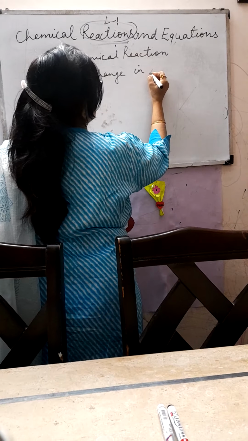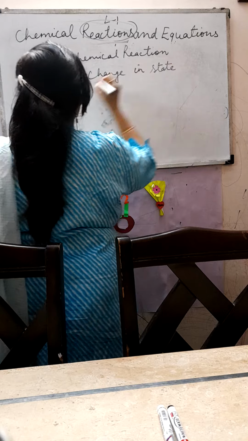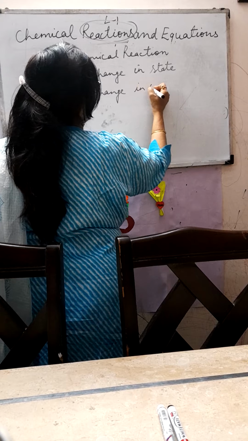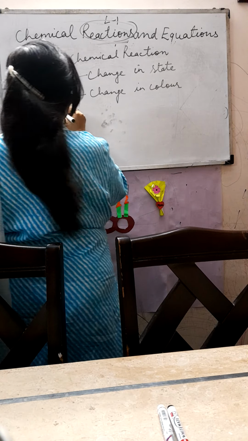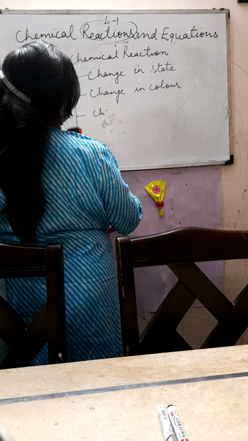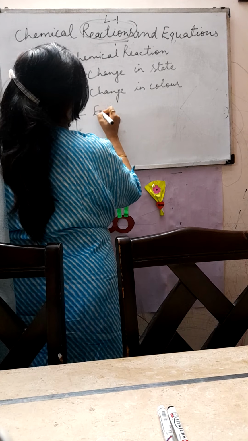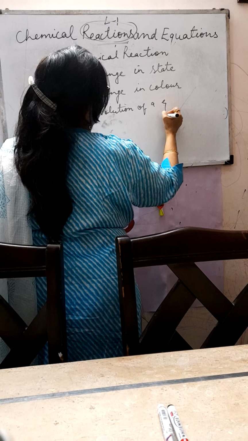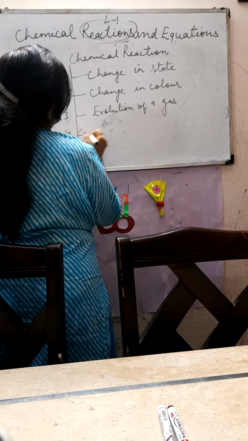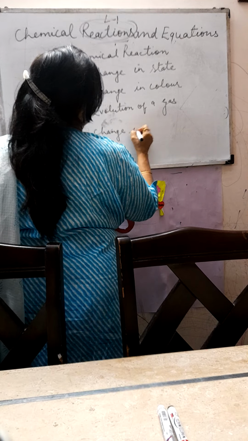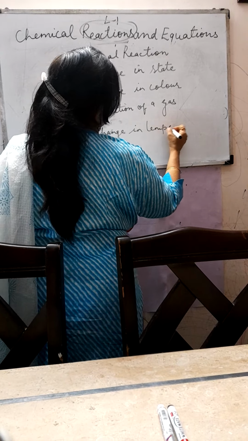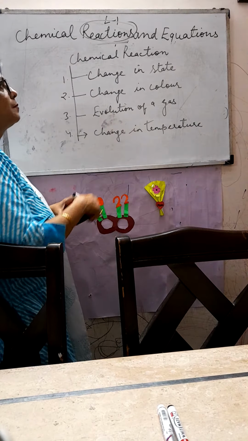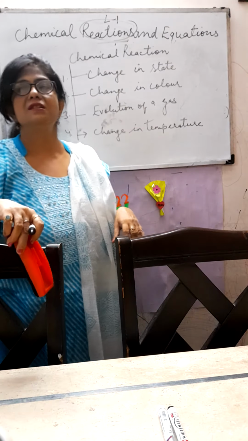Change in color. Evolution of a gas. And 4th one is change in temperature. These are the 4 features will take place whenever a chemical reaction is taking place.